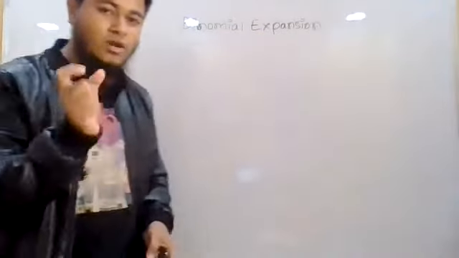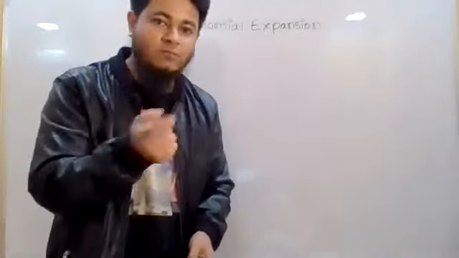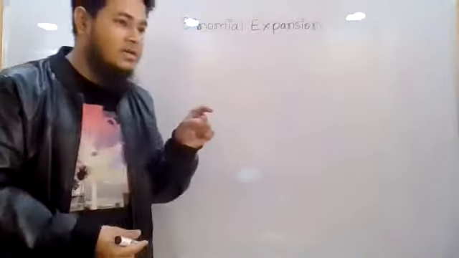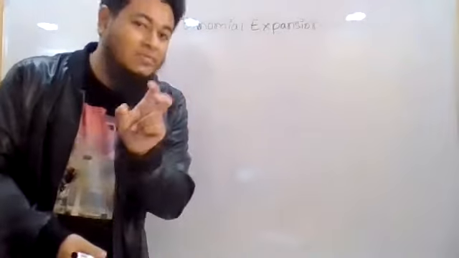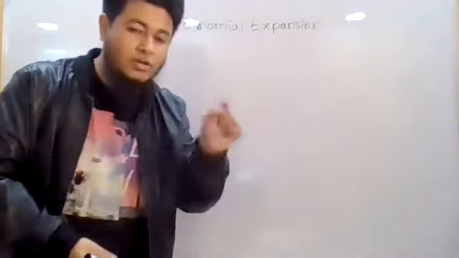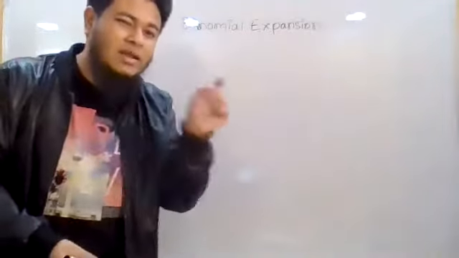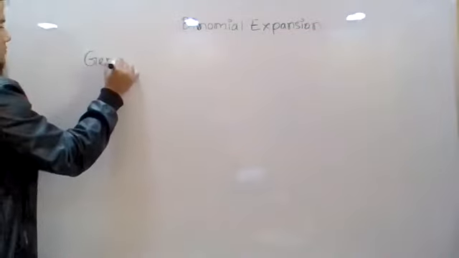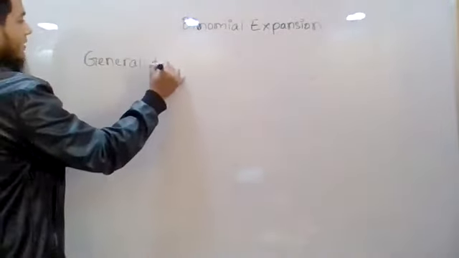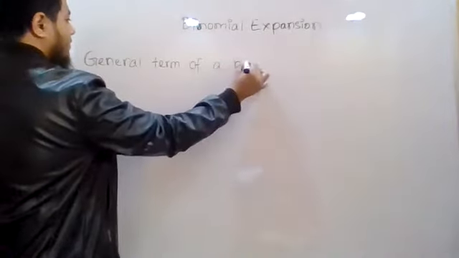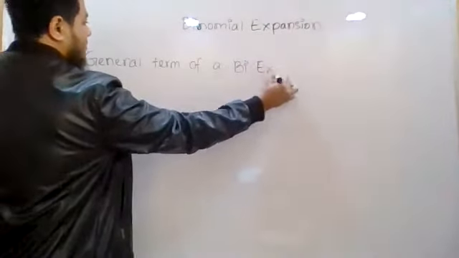Now we will try to write the formula of a general term for binomial expansion. As we consider the nth term in the case of finite series, in the case of binomial expansion we will consider the (r plus 1)th term. So what is the formula of the general term of a binomial expansion?